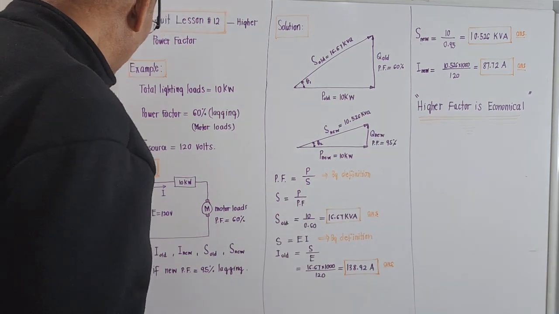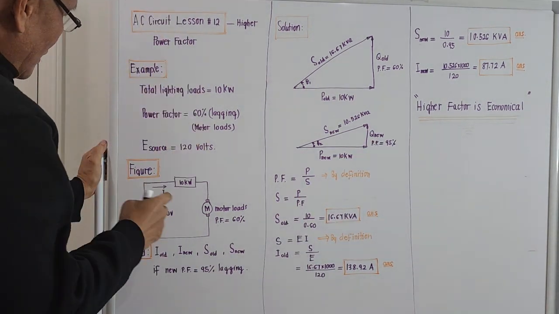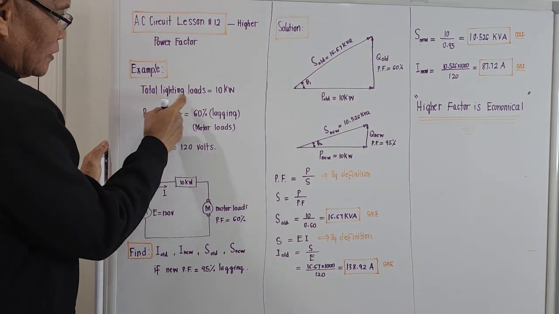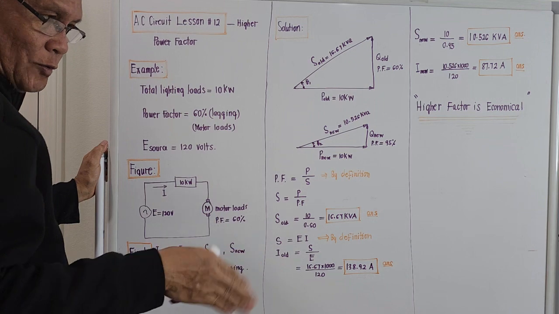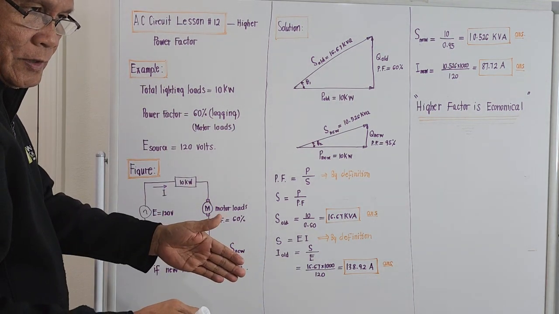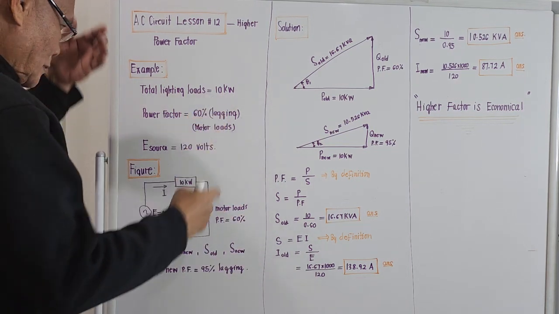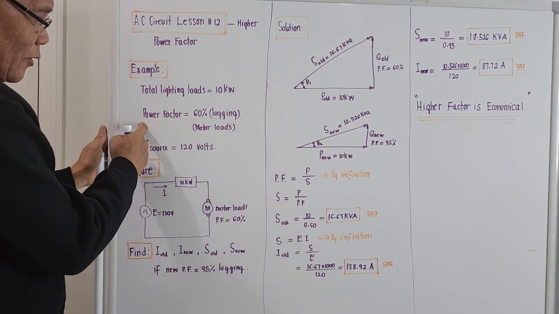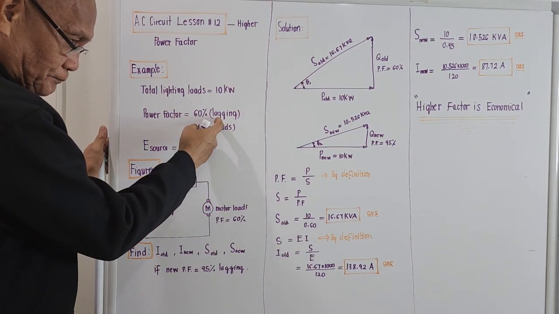Let's proceed. In the given example, we are given the total lighting load to be 10 kilowatts. Meaning we are given a house or a business entity and the total lighting load is 10 kilowatts. The power factor of that entity or house is 60% lagging.